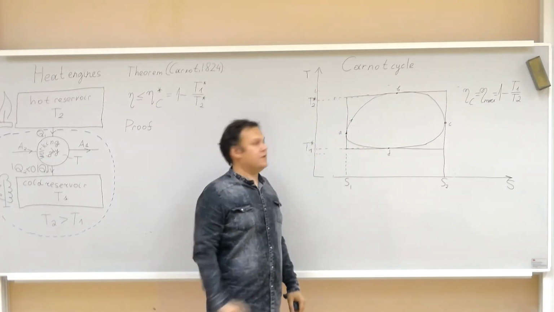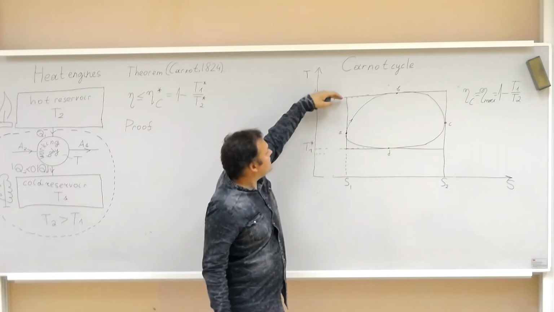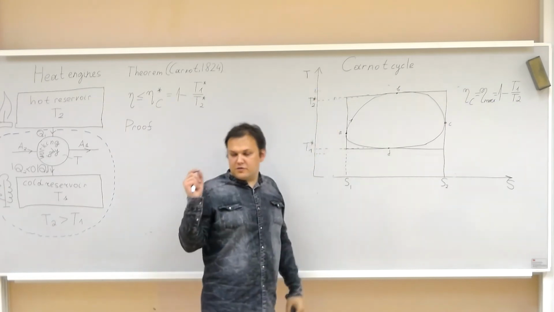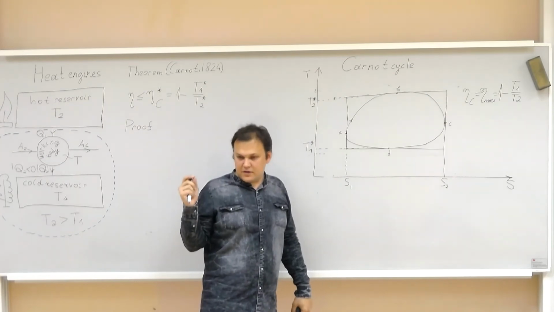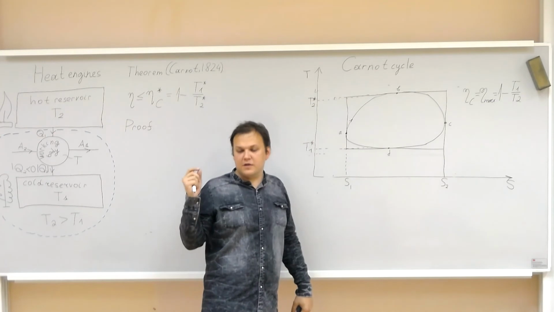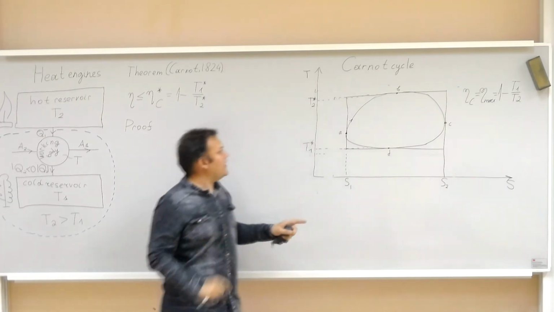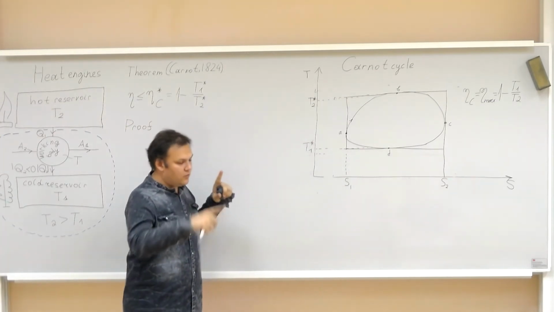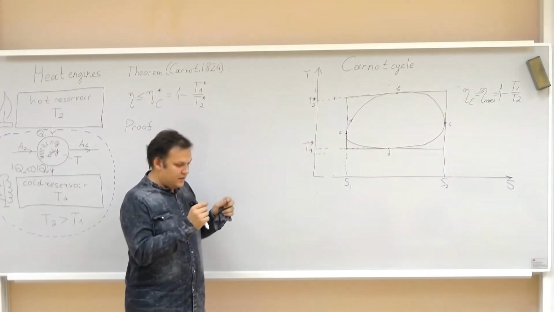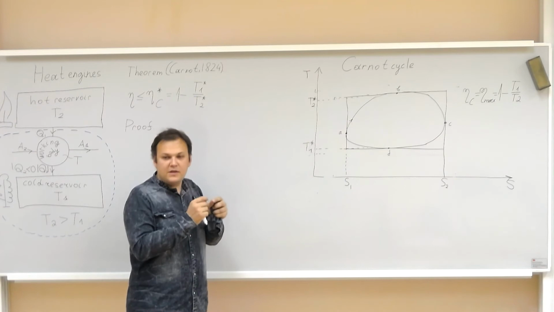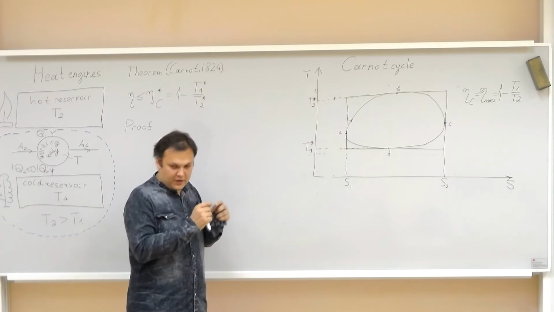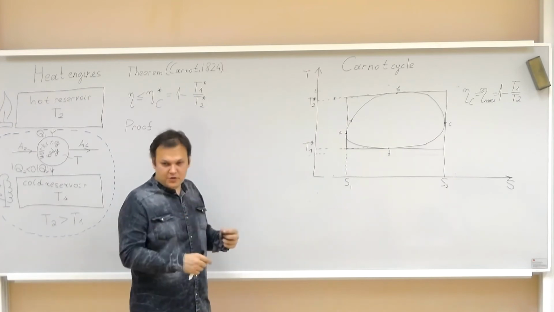The second part: the highest temperature of the cycle equals the temperature of the hot reservoir, and the lowest equals the temperature of the cold reservoir. That's why when the body follows the Carnot cycle, we have interaction of two bodies with an infinitesimal difference of temperature. That's why it's reversible.